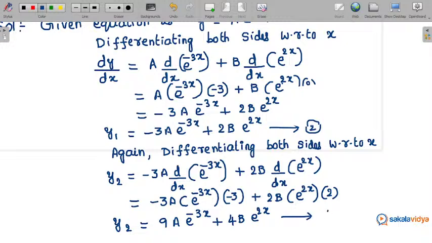Let us say equation 3. Now from equation 1, equation 2 and equation 3, we should eliminate a, b so that we shall get a differential equation. In order to form a differential equation, we need to eliminate the arbitrary constants that are a, b. Okay, let us do it now.